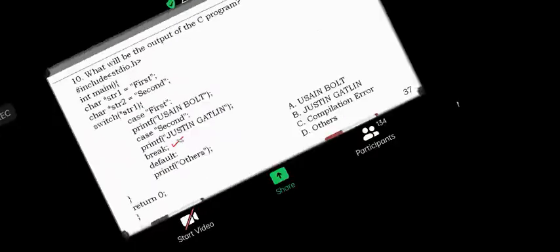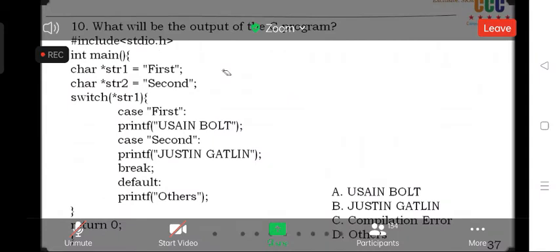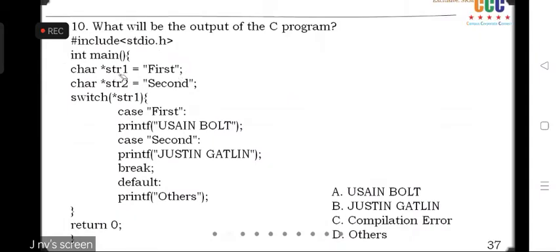But the answer is what? A equals first, star1, star2, str2 second, print, switch str of 1. Str of 1 equals first, right? Fine. Why is it a compilation error? Now tell me. You have all given the wrong answers. Only Praneeth has given C as the right answer just now, before revealing the answer.